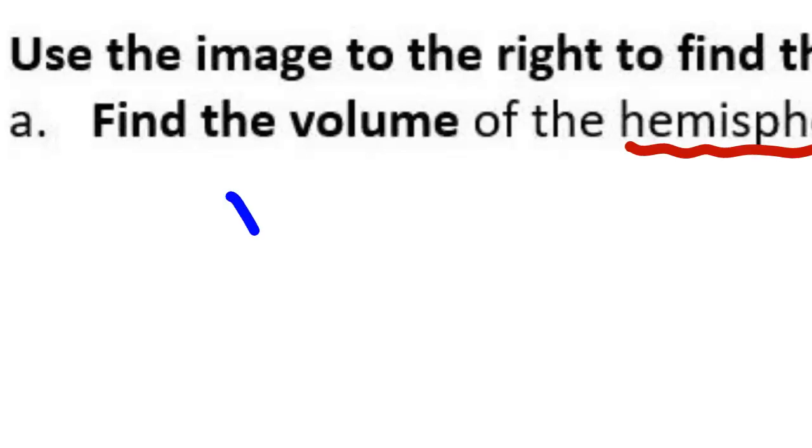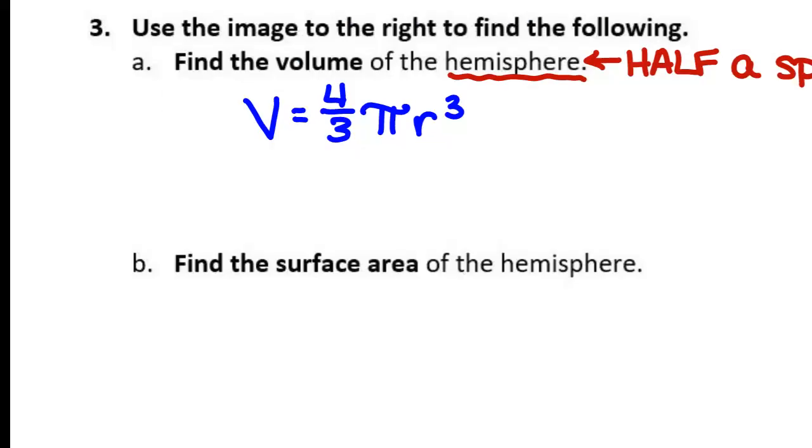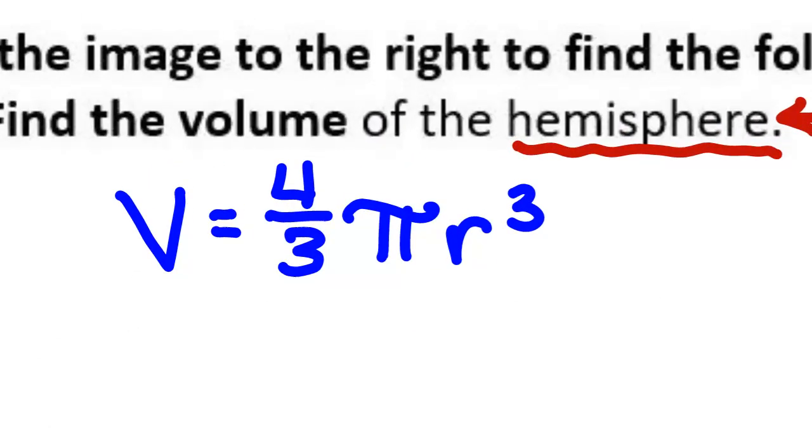The volume formula for a sphere, you guys just told me a moment ago, was 4/3 pi r cubed, but that's for the whole sphere. Do we want the whole sphere? No, we only want half of it. So I'm going to need to take half of this formula.